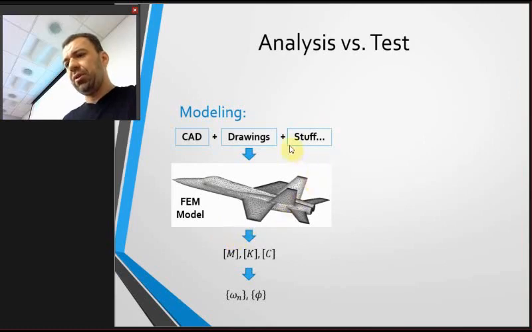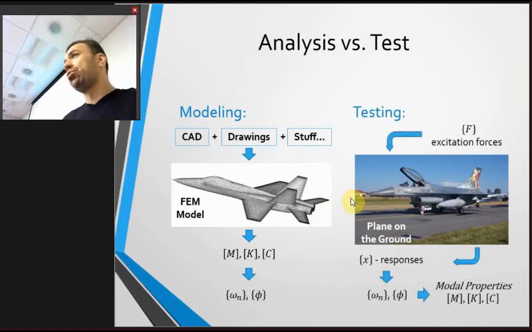Then we build our model, and meshing is not that hard, as you said. It becomes easier every year. Then inside the code, the program will build your model matrices, the mass, stiffness, and damping matrices, and only then, if you run the modal analysis, you will get natural frequencies and natural modes. Okay, so this goes with finite elements.